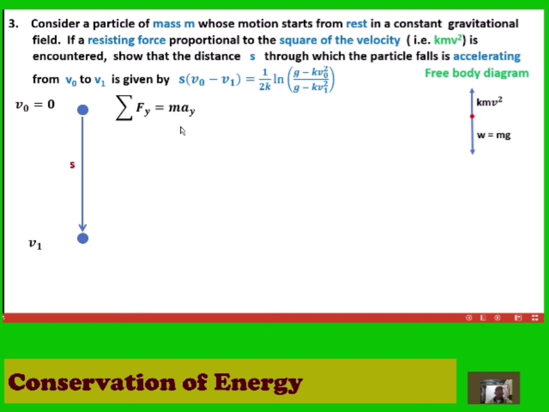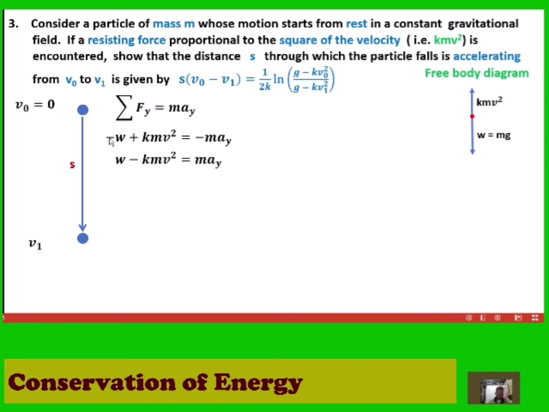So from Newton's second law of motion, the summation of all forces along the y-axis, we have negative w, negative because it is directed downward, plus the resisting force upward is equal to m a sub y. The acceleration along the y-axis is negative because the body moves downward.